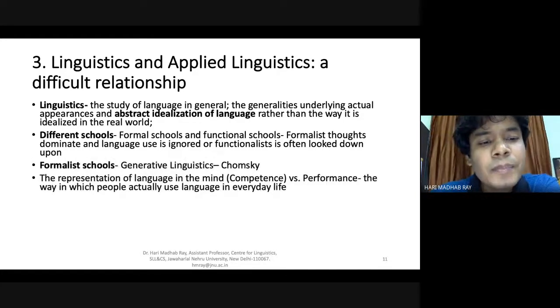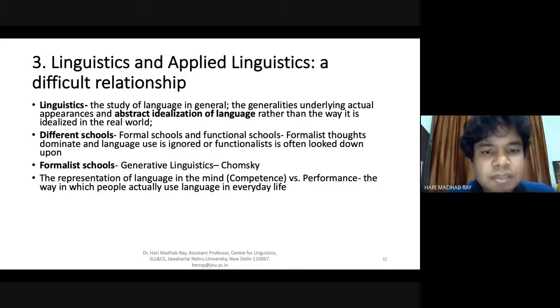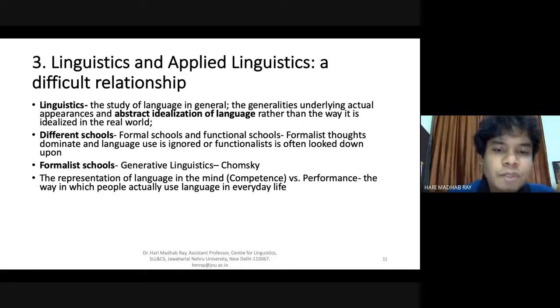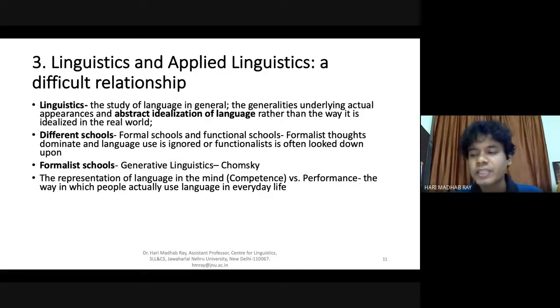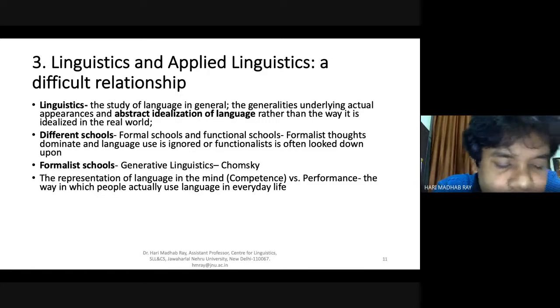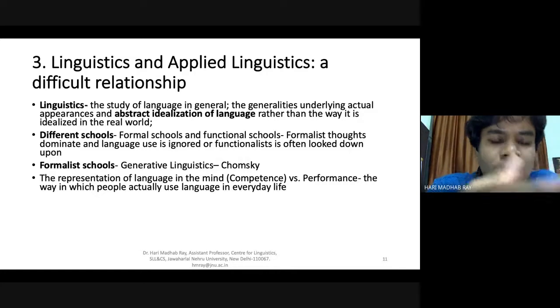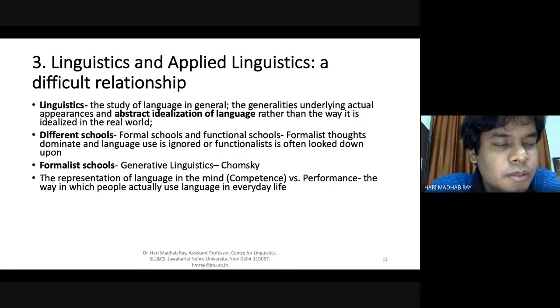Mainly the formalist school is a strong tradition, the generative school or generative linguistics, and we are talking about Chomsky. Chomsky's Syntactic Structures, 1957, and then after that not only one book.